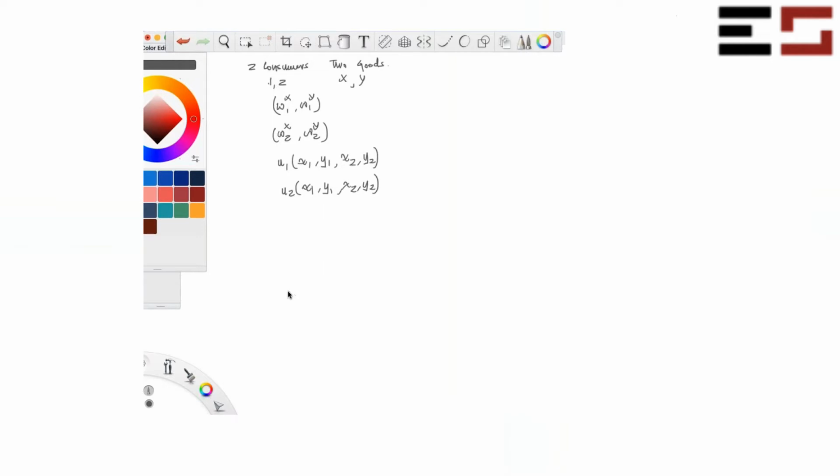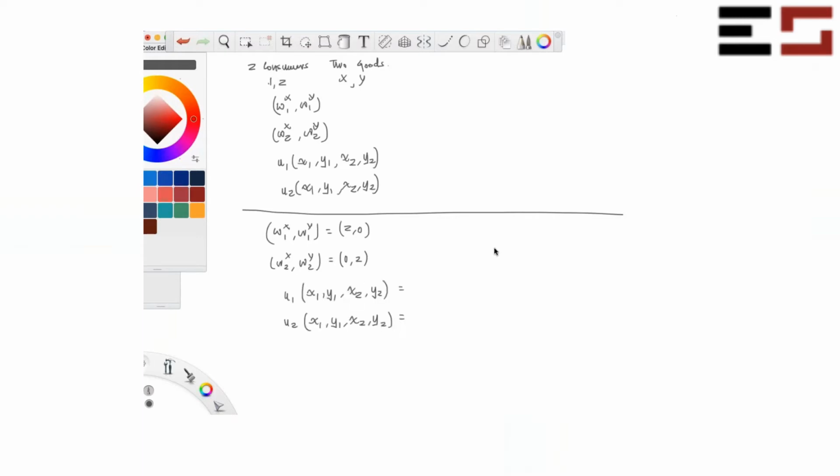Okay, so now let's do some problem. Let us say omega 1 x, omega 1 y is 2, 0. And omega 2 x, omega 2 y is 0, 2. Do you want some utility function of your choice, or do you want me to give you some utility functions?